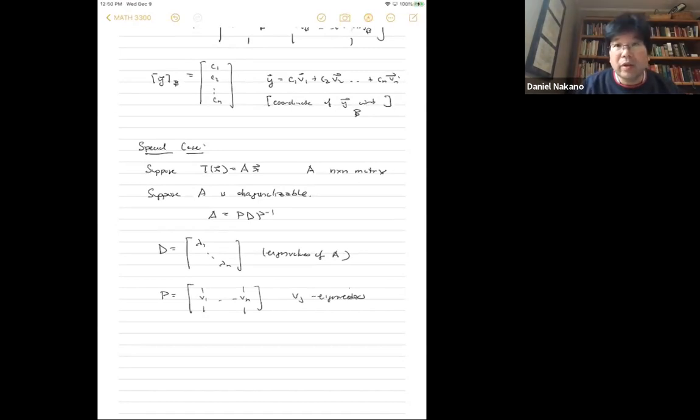Now, when you do this, basically you're changing bases. So when you do this diagonalization process, you can think of it as a change of basis.